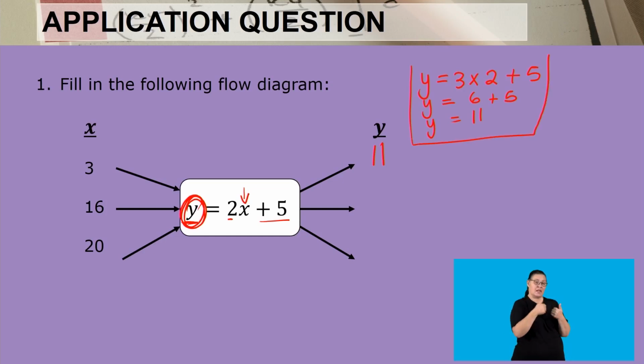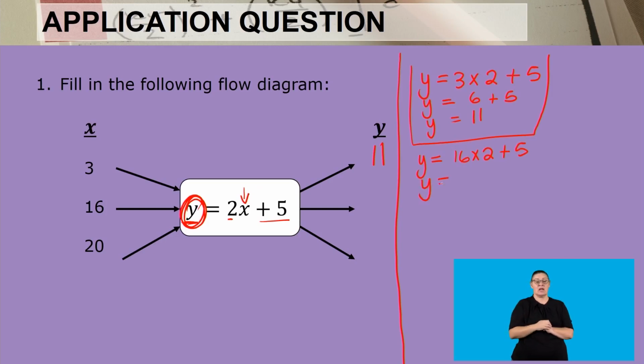Let's look at the next input value, and that is our 16. So again, we are going to take the formula or rule that we have been given here. So we need to take our input value, multiply it by 2, and add that 5.